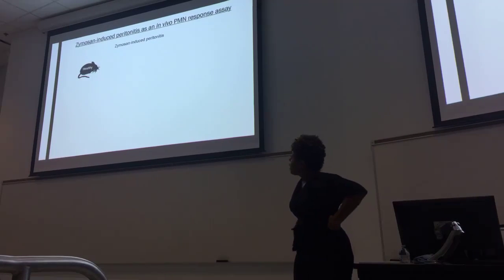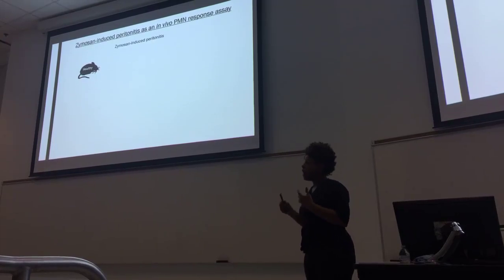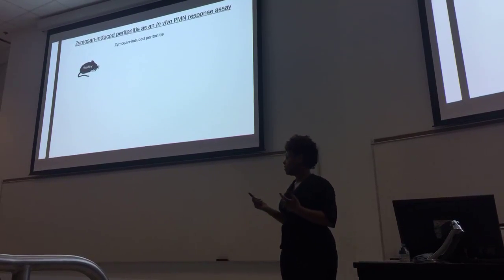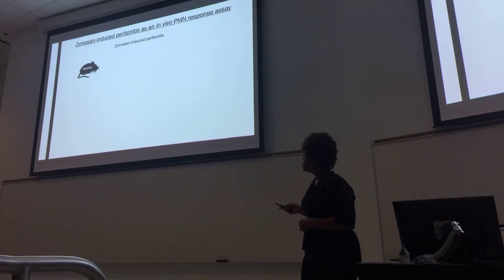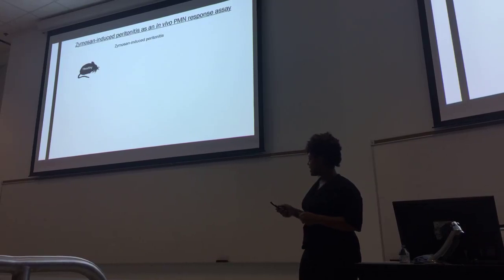In a study by Vienna et al., they began to investigate how neutrophil recruitment or infiltration was regulated under chronic inflammatory conditions. To do this, they used zymosan-induced peritonitis as an in vivo PMN response assay.